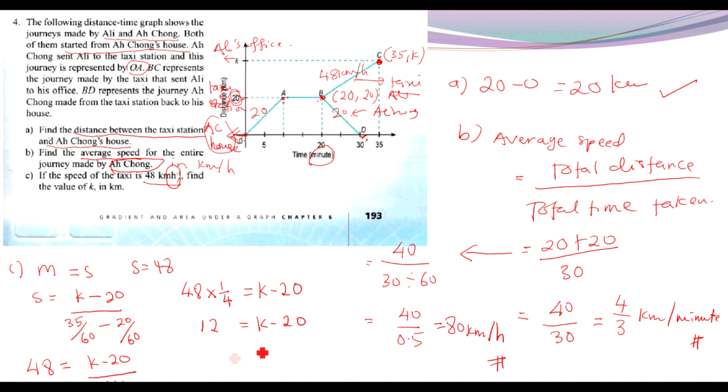So K equals 12 plus 20, which equals 32. That means the value of K here is 32 kilometer. That means from Ah Chong's house to Ali's office is 32 kilometer. So this is the answer for question C.